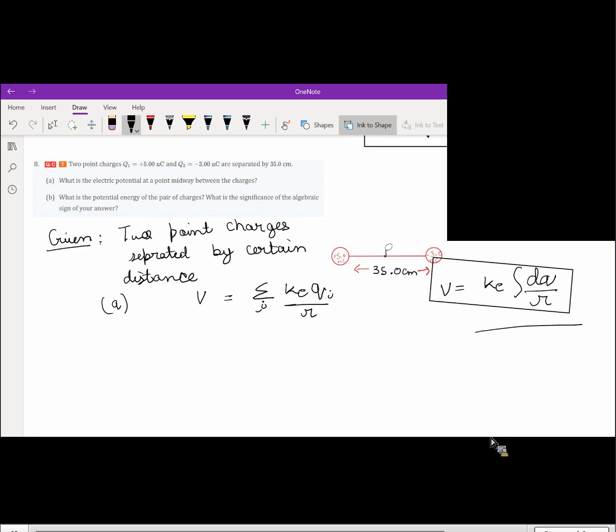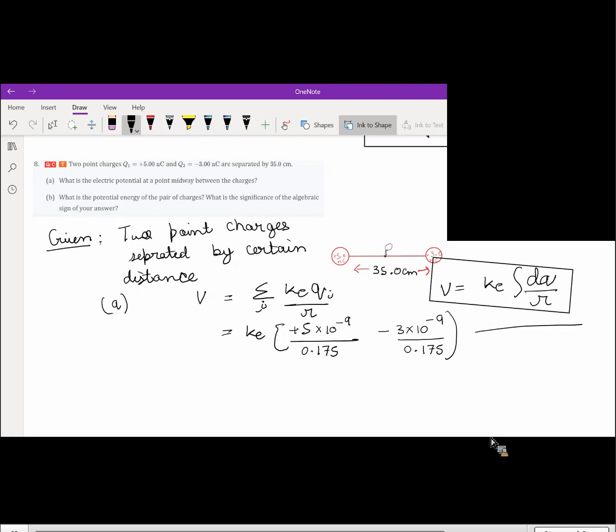Okay, let's go ahead. So you apply this. Now what you get is you take q outside: plus 5 into 10 to the power minus 9 over 0.175 meters, minus 3 into 10 to the power minus 9 over 0.175.